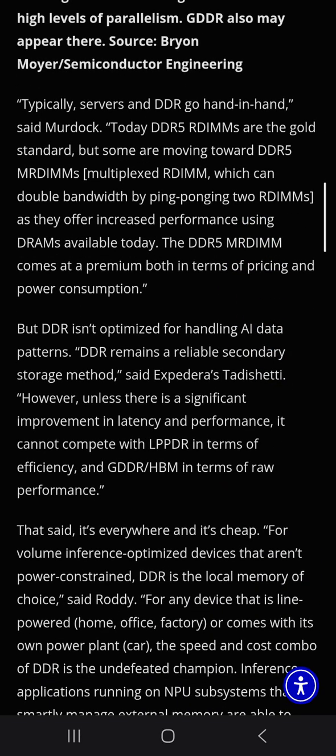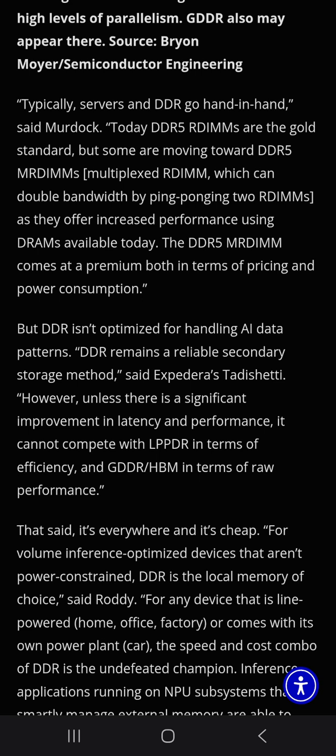Typically, servers and DDR go hand in hand, said Murdoch. Today, DDR5 RDIMMs are the gold standard, but some are moving toward DDR5 MRDIMMs, multiplexed RDIMMs, which can double bandwidth by ping-ponging, as they offer increased performance using DRAMs available today.